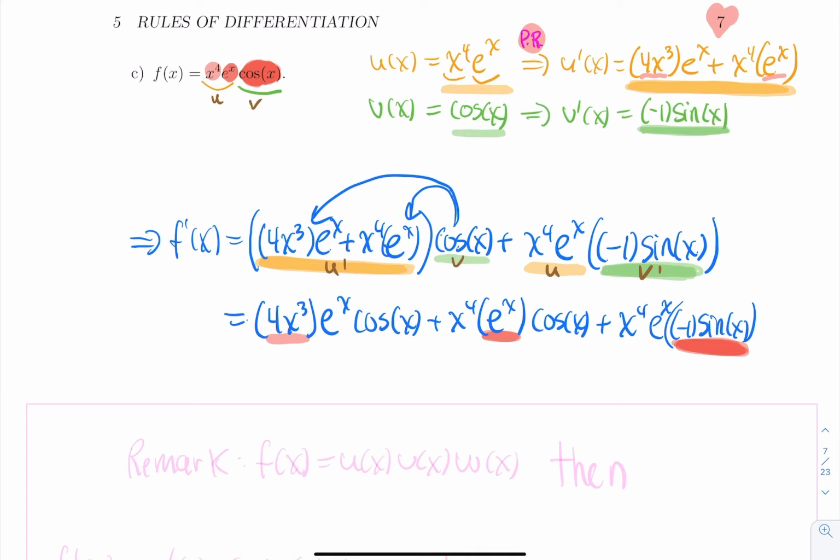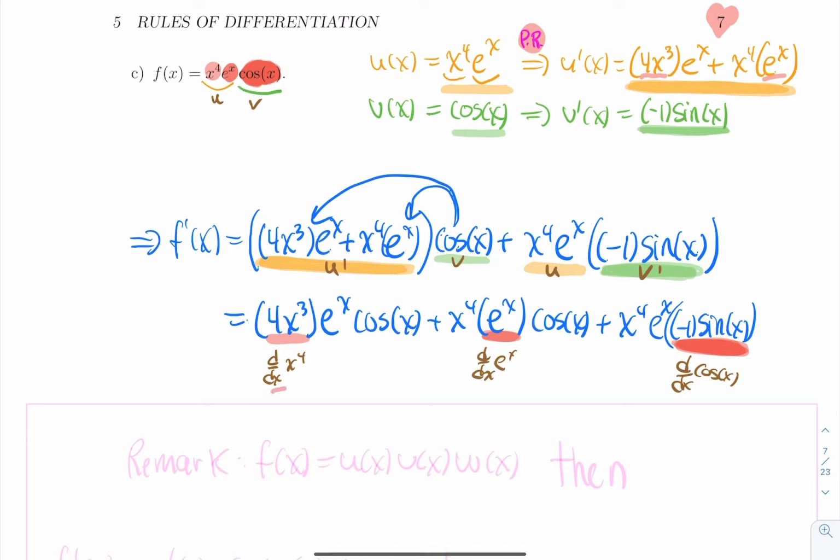And what's interesting here is that when you distribute that cos and you rearrange it like this, you can compare f prime with your original function f. We had 3 terms multiplied: x^4, e^x, and cos of x. And now how many terms do we have in f prime? We have 3 terms, where the first term is 4x cubed e^x cos of x. So when I compare it with f, the only term that changed is the 4x cubed, which is the derivative of x^4.